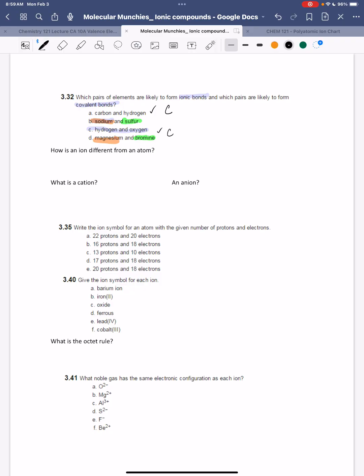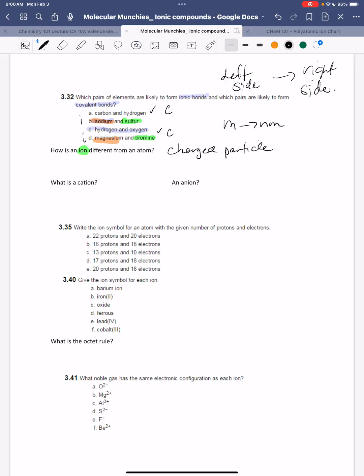So this is going to be an ionic compound, and so is this one, metal with a non-metal. Basically, we can say that it's the left side of the periodic table combined with something on the right side of the periodic table. And that's kind of where we're going to go with this. Okay. So when we say the word ion, basically we're saying charged particle.